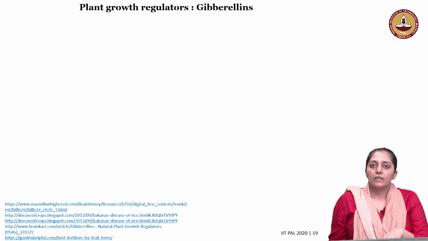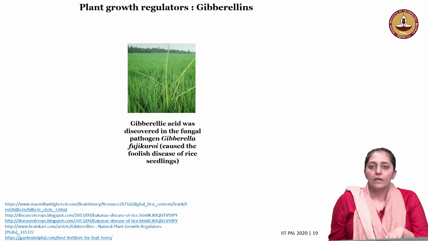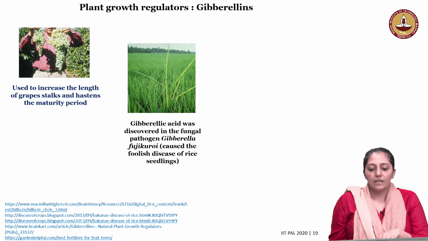Let us talk about another class of plant growth promoting hormones, which is gibberellins. Now, gibberellic acid was first discovered in the fungal pathogen called Gibberella fujikuroi. They cause the disease called foolish seedling disease of rice. Later, the same compound was detected in plants.